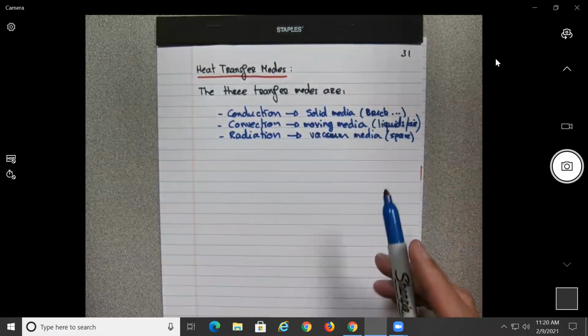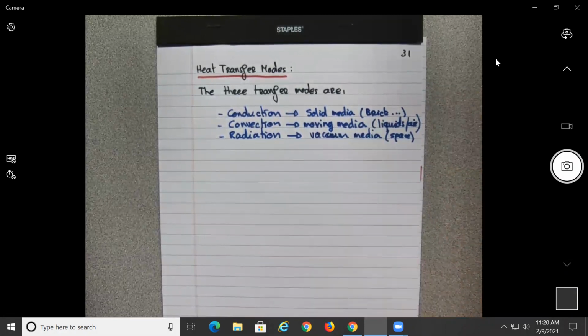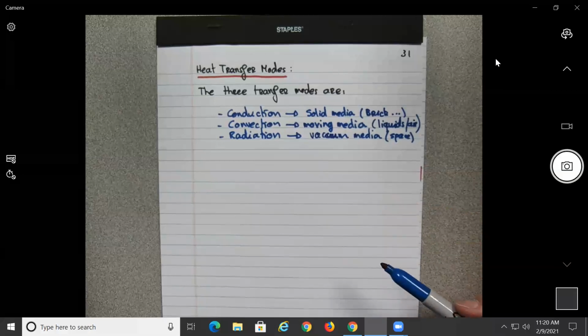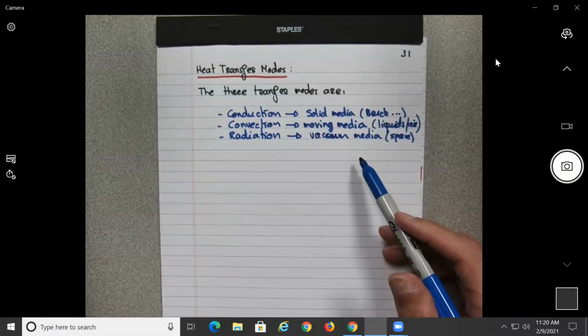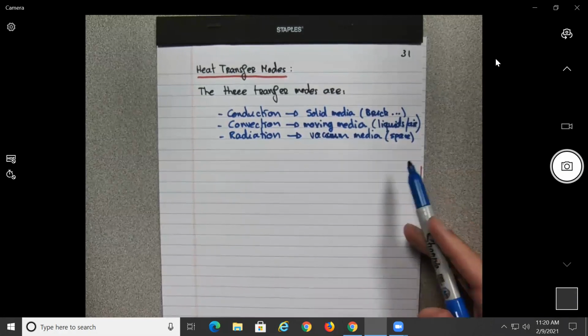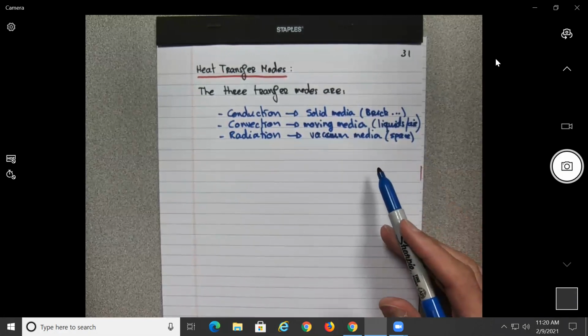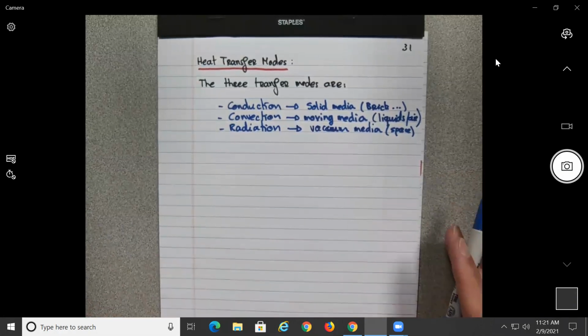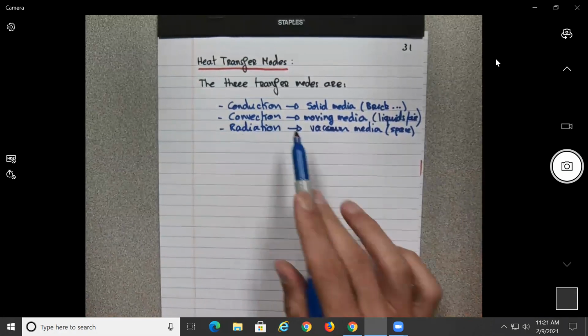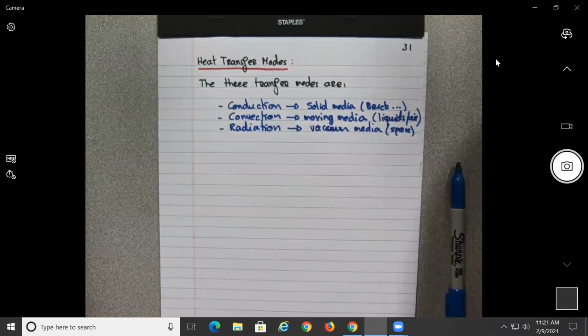So really, I think, it's more defined, it's more related to the medium about which one is going to be more dominant, no? Which one is really the most important. But obviously, in every single case, you have a little combination of the three of them. All right? Okay, so let's start by the easiest one, and actually you could spend a whole class just studying conduction. So let's look at the first one.